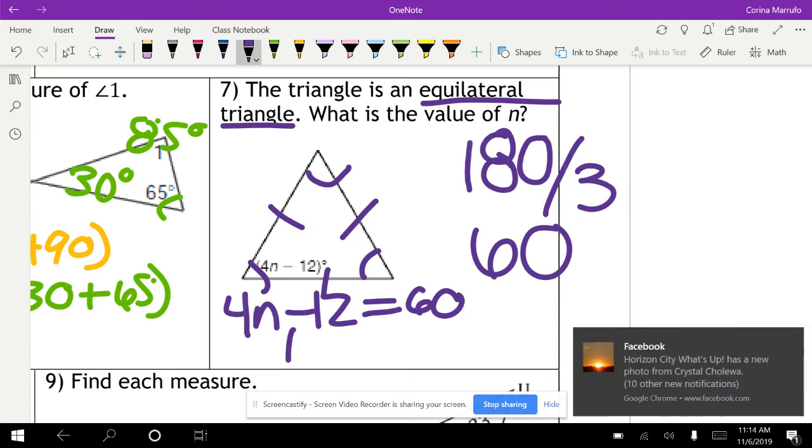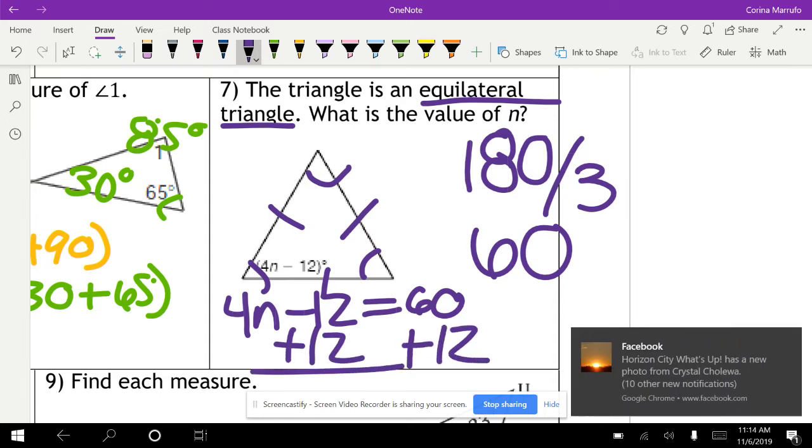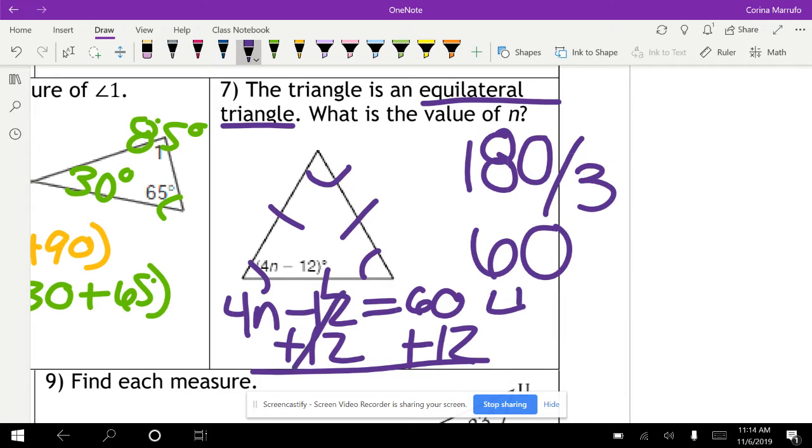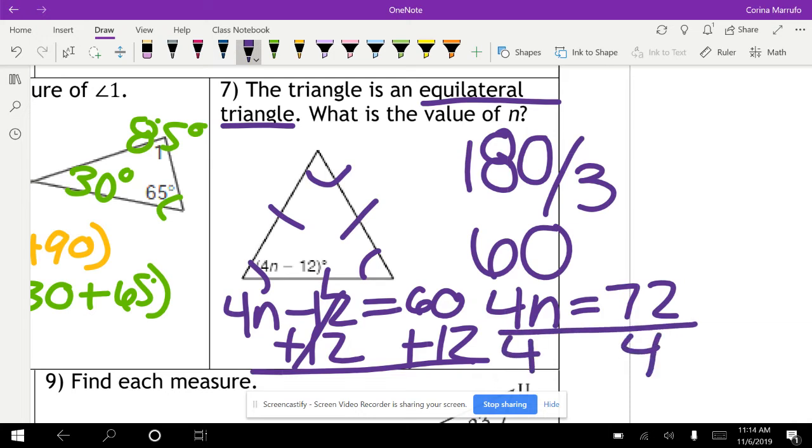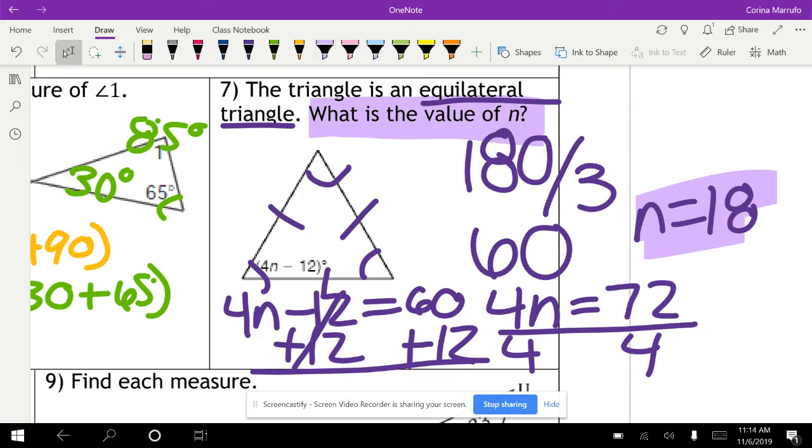So I'm going to add 12 to both sides, and I get 4n equals 60 plus 12, which is 72. Our last step is to divide by 4. So 72 divided by 4 gives us 18. That means n is equal to 18, and we make sure we're answering the question. They're asking us what is the value of n, so we solved for n and we are done there.